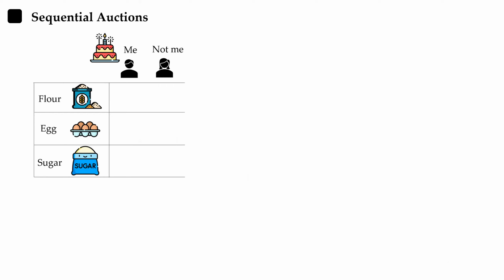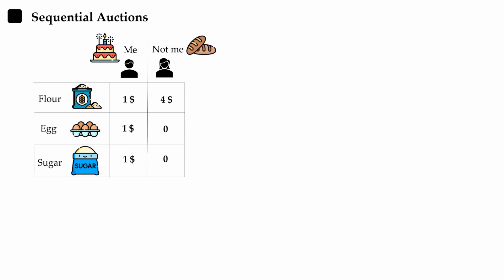I want to make a budget cake with 3 ingredients: flour, egg, and sugar. And I decided to enter this weird auction that sells only those 3 ingredients. And of course, there is some other person or other people in the auction.